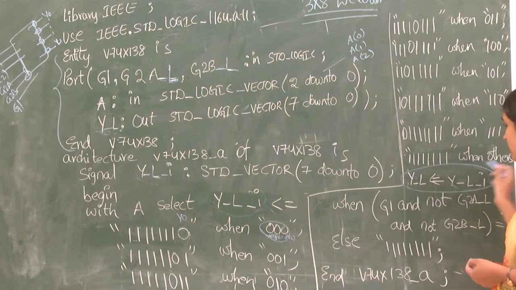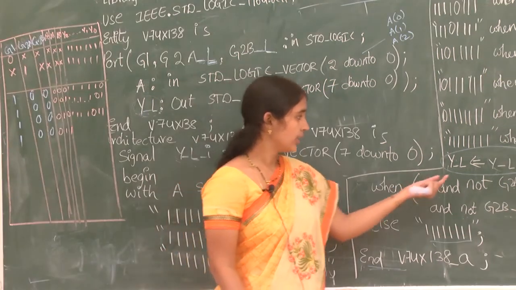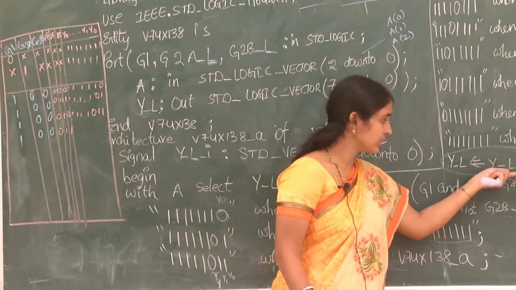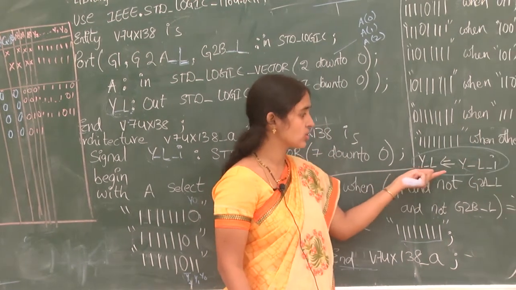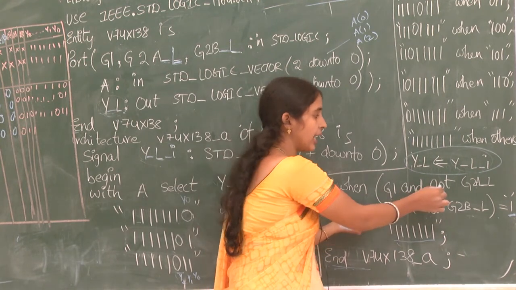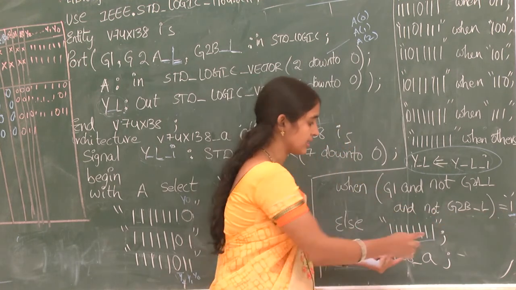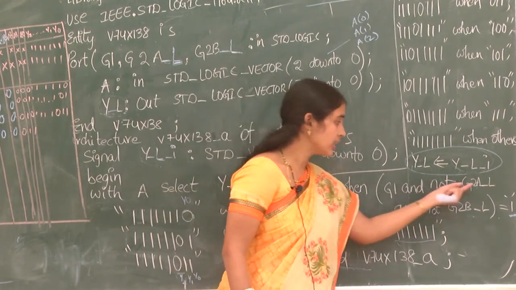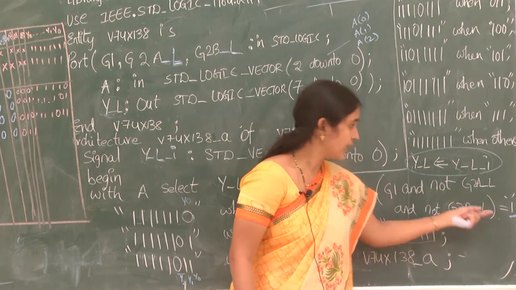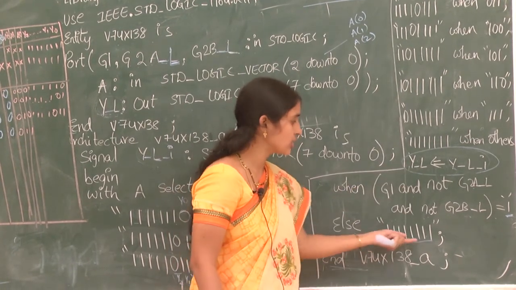Here, when G1 and not G2A bar and not G2B bar is equivalent to 1, then the internally generated signal is provided to the output. That means when all these inputs are 1, only then will the internally assigned signals be passed to the output, whereas else it will be provided with 1.